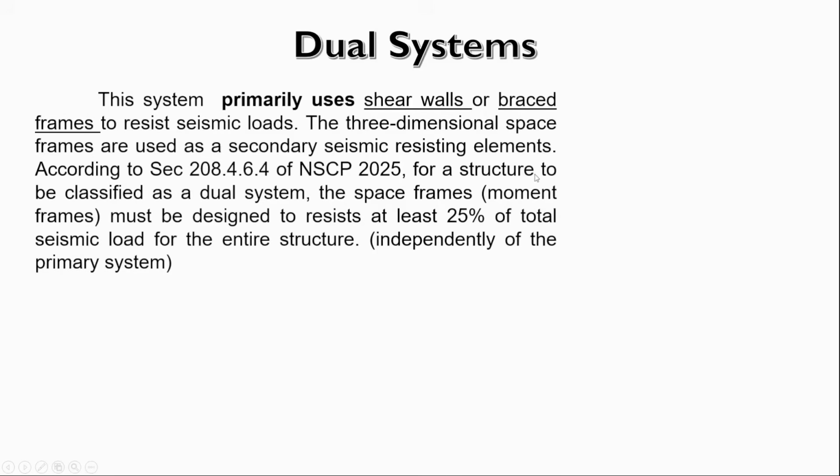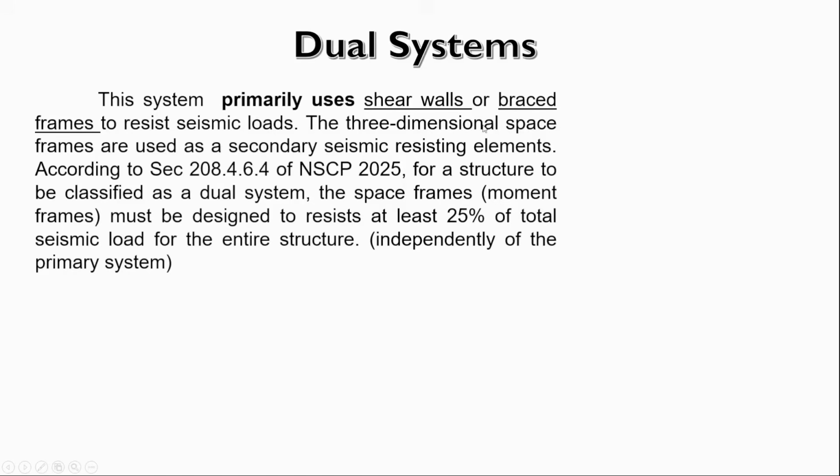So remember the difference between the dual system and the building frame systems, the second one I introduced here: building frame systems only have shear walls or brace frames to resist earthquake loads. In the building frame systems, the frame only supports the vertical loads, the gravity loads, dead load and live load.